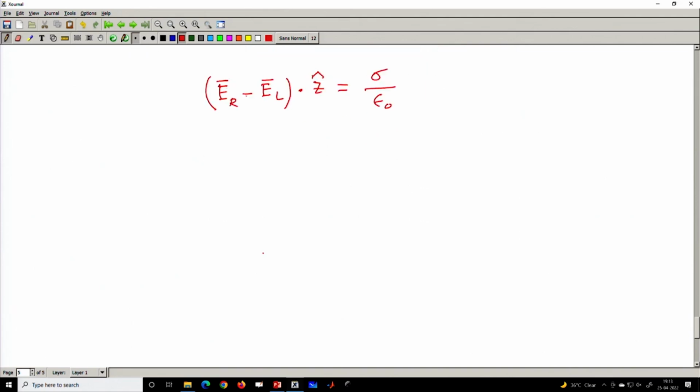If I look carefully, I have a boundary here, and suppose this is my left side and this is my right side. Here suppose I am on the right side, this is my electric field E_R, and z is along this direction.